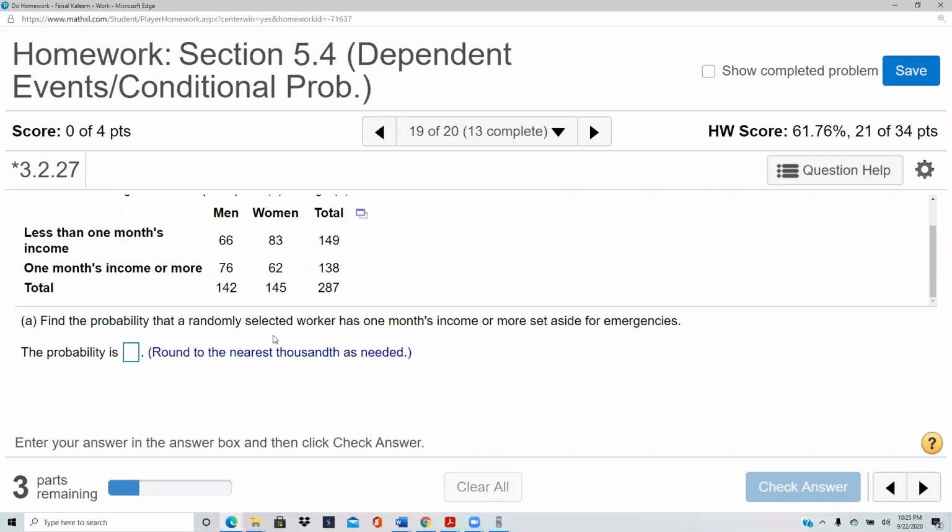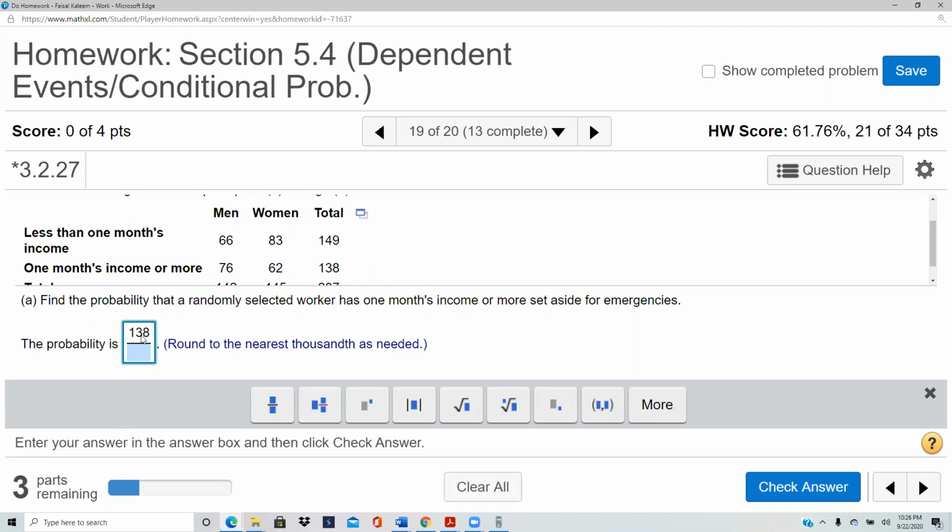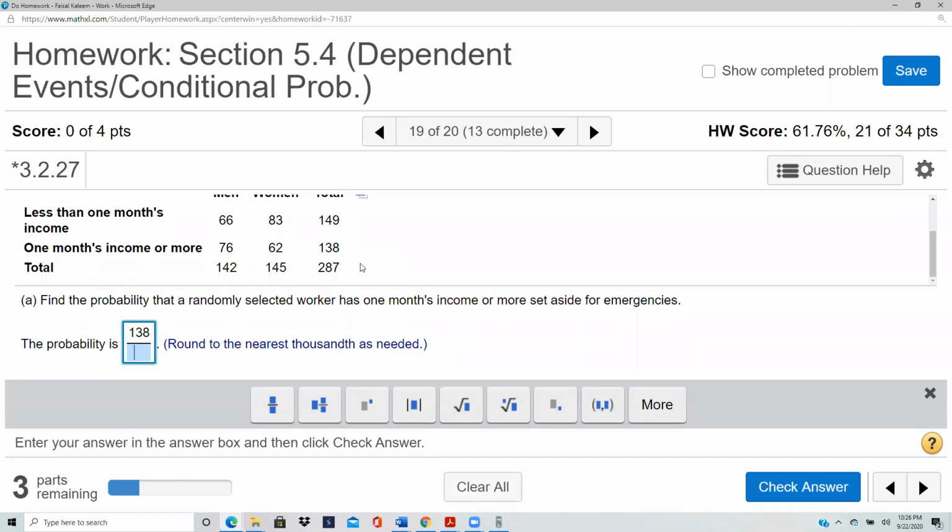Find the probability that a randomly selected worker has 1 month's income or more set aside. So 1 month's income or more is a total of 138. 138 divided by the grand total, that's 287.